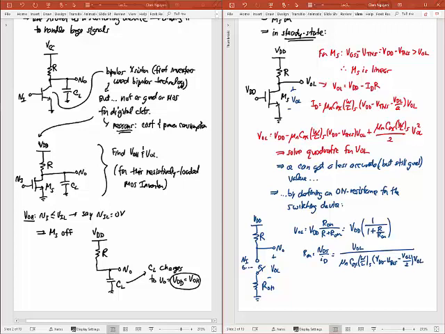And so in this, I'm going to get some cancellations here. So this VOL at the top cancels with that VOL here.